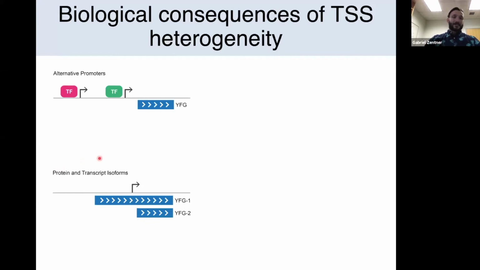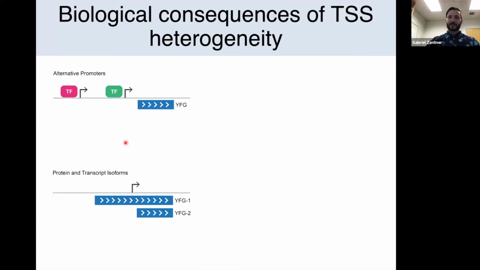One of the most obvious consequences for alternative transcription start site selection is that you can generate transcript isoforms. Your favorite gene 1 is the long isoform here. Your favorite gene 2 is the short isoform. And this transcript isoform selection can lead to proteins with or without critical domains.